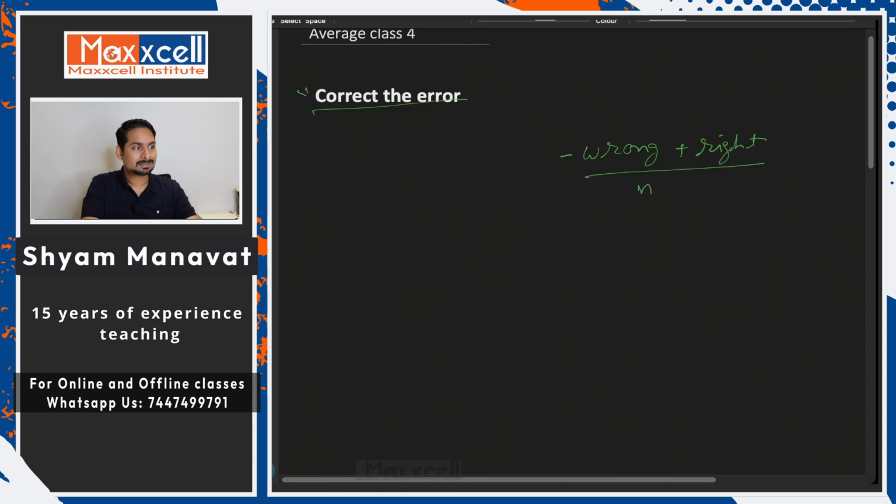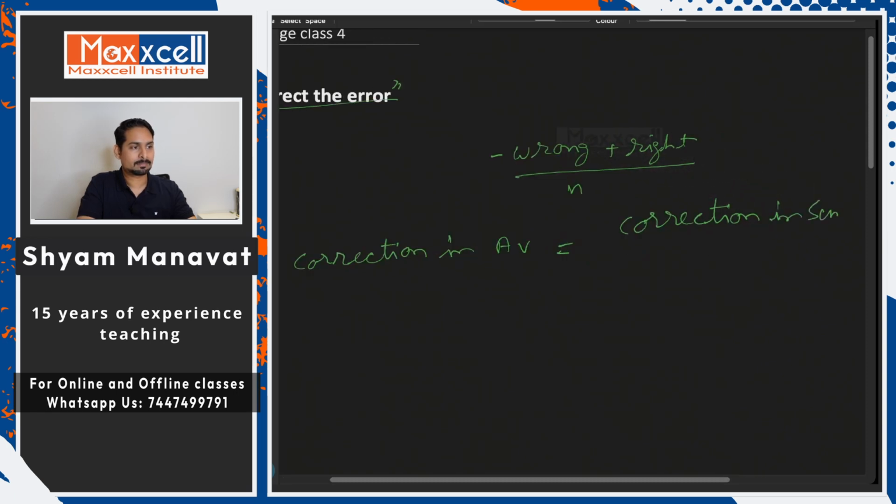If you get such a question, correcting the errors of the observation, you can say correction in average is equal to correction in sum divided by number of observations.